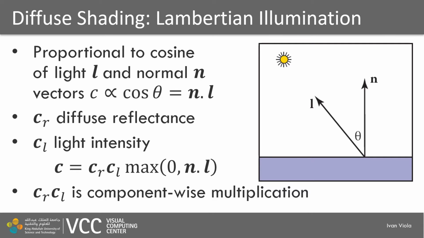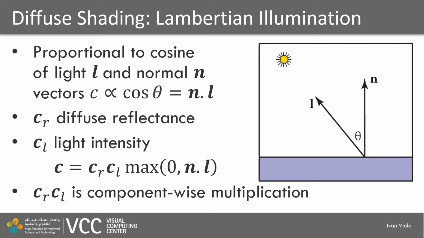This means that we can call it a color because it will be a vector in our RGB space where each color component will have a certain value. And based on how high this value is, the more that color channel will be reflected from that position.